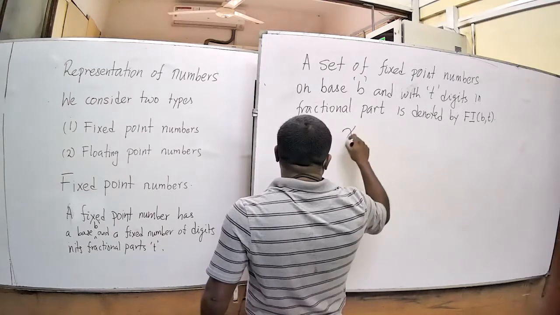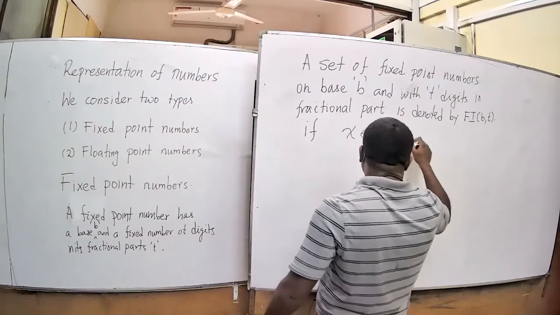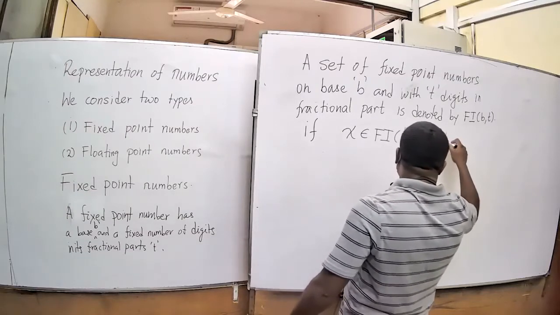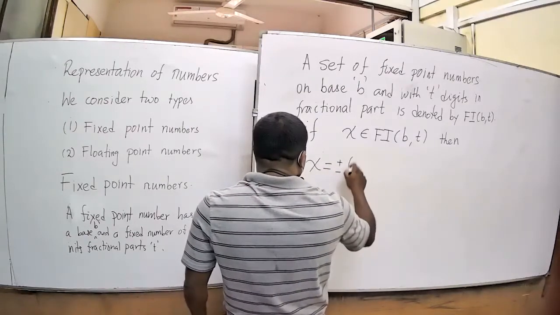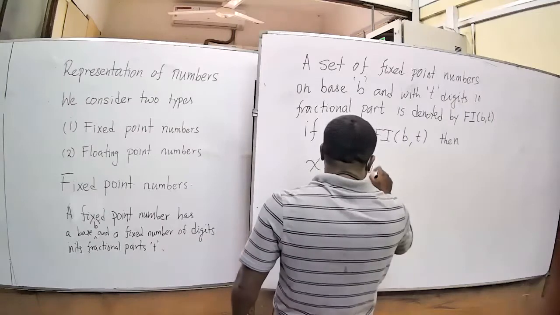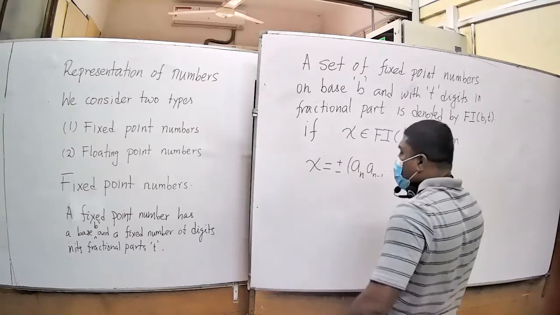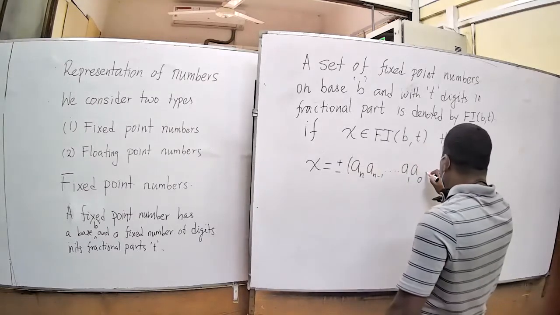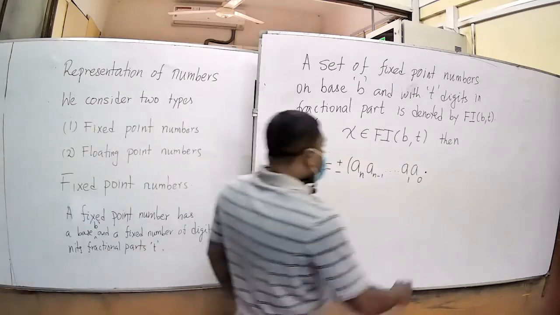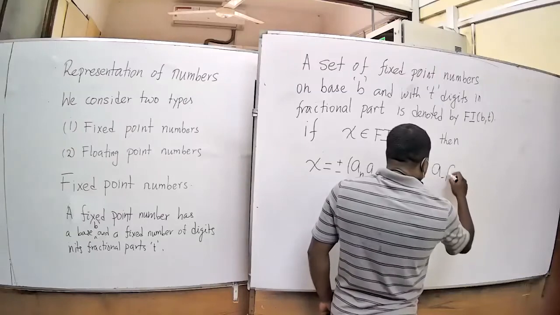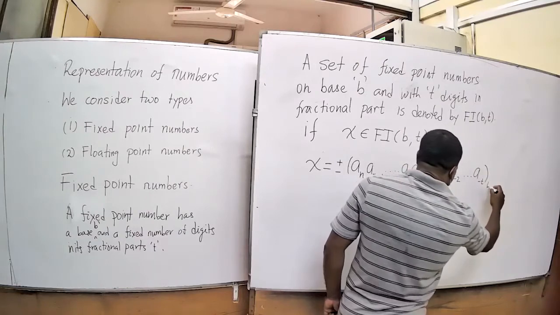If I say an x belongs to this set, then I can write x as plus or minus a_n ... a_1 a_0, dot, and then I have the fractional part. I will write this as a_{-1}, a_{-2}, all the way up to a_{-t}, in base b.